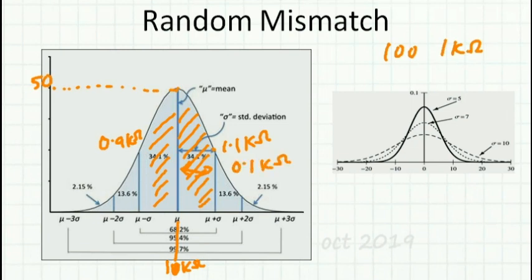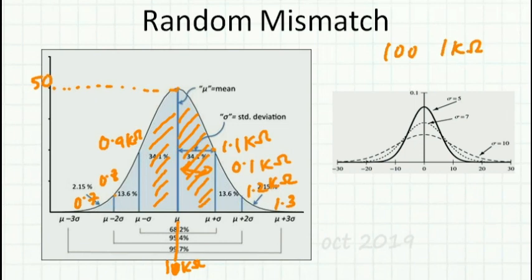When I fabricate, the rest of them have values, say 0.8 and 0.7, and this one has got 1.3 and 1.2 kilo ohm. Now I intended my resistance to be 1 kilo ohm, but some of the samples, say 50% of them, came in the central region, where the resistance is almost 1 kilo ohm, and the others have a deviation of like 0.1 kilo ohm.